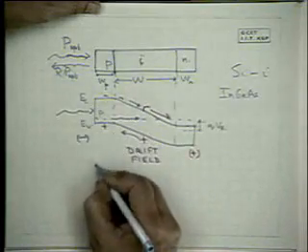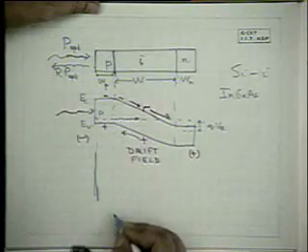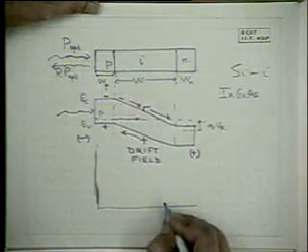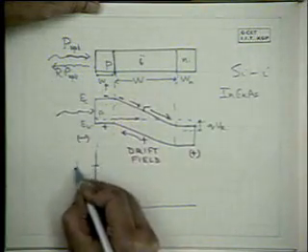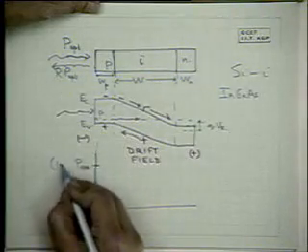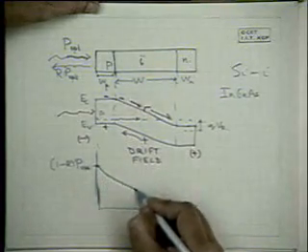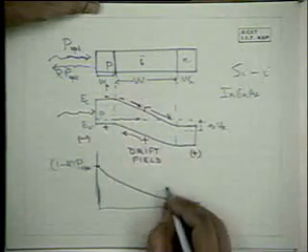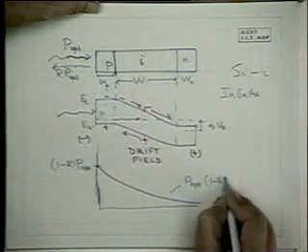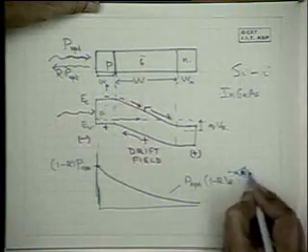And what about the optical intensity variation? If you have P opt over here, you have P opt times (1 minus R) at the surface, and this decreases with distance as P opt (1 minus R) e to the power minus alpha x, where alpha, remember, is a function of wavelength.